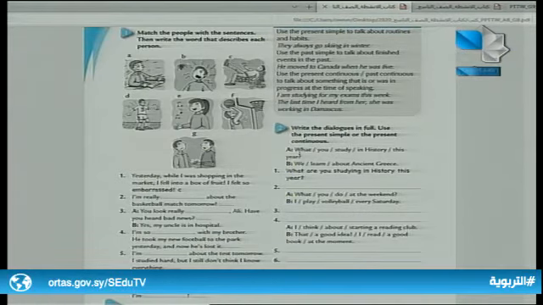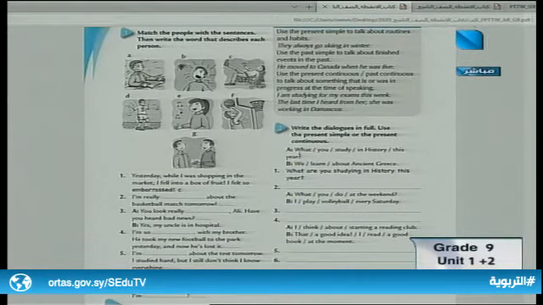Here we have an example, Basima. We have questions and some answers. So we will start with the first one. The example: what do you study in history this year?